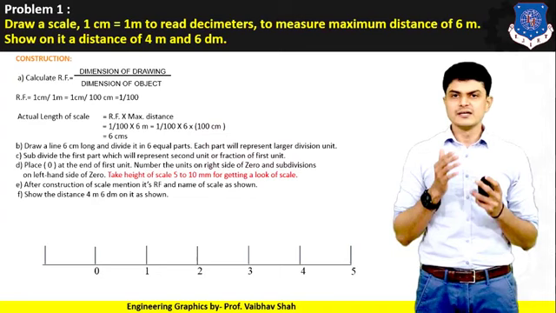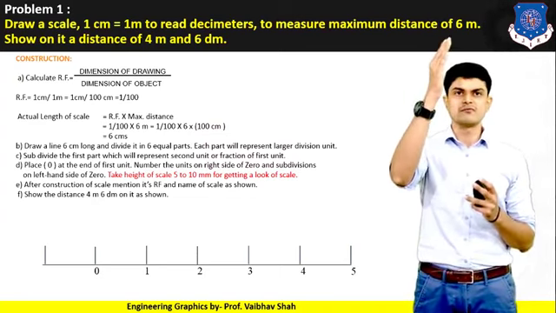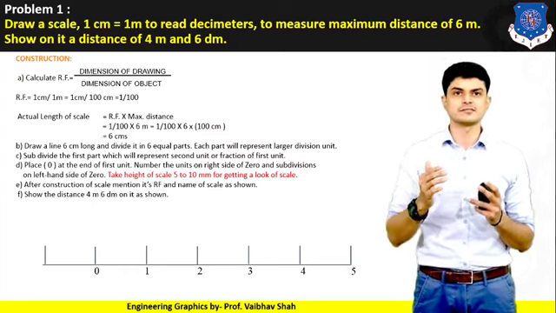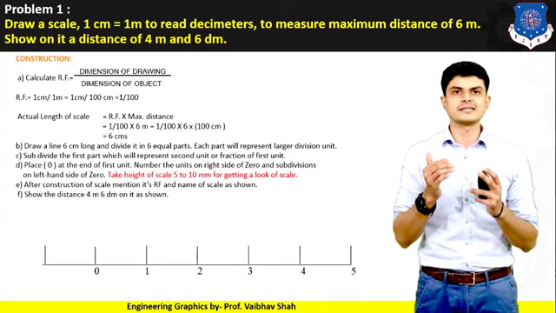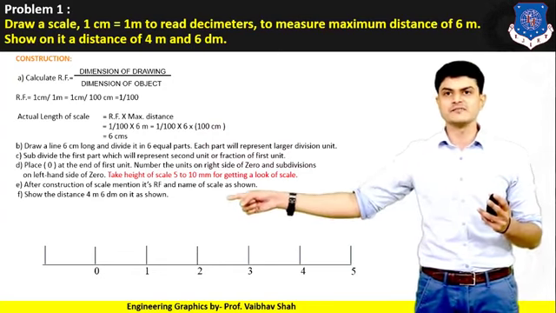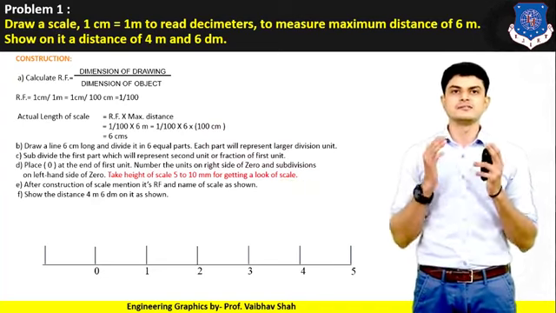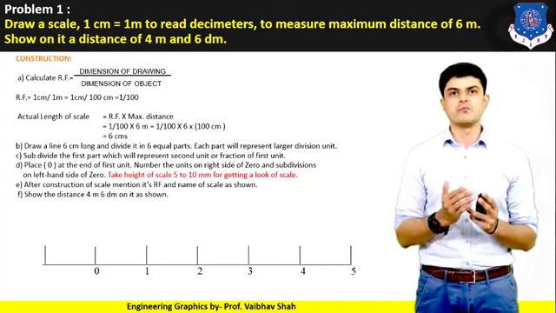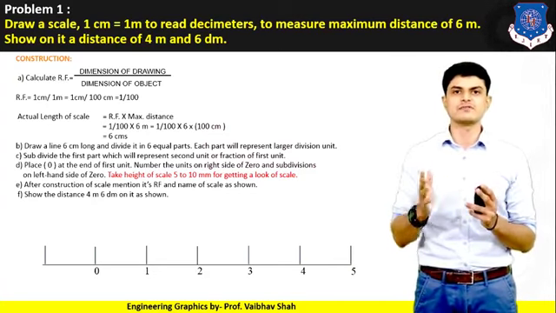As you can see, the last digit is 5, which is 1 unit less than your maximum distance, and if you are right, it must be 1 unit less than your maximum length. Why is it so? Because we have omitted the first division and started putting 0 after the first division. That's why we have 1 unit less than our maximum distance, and so we have 5 here.